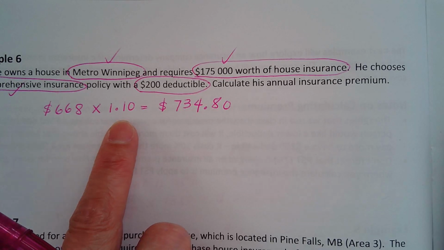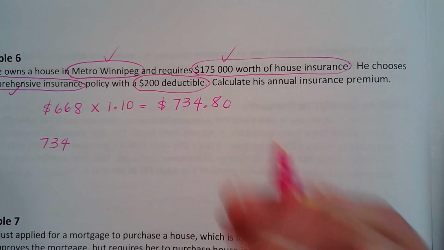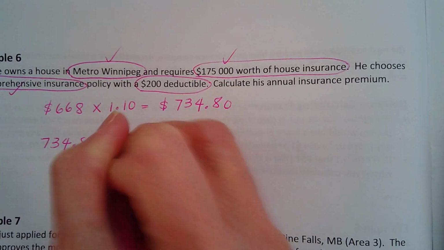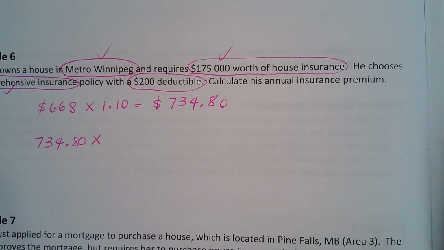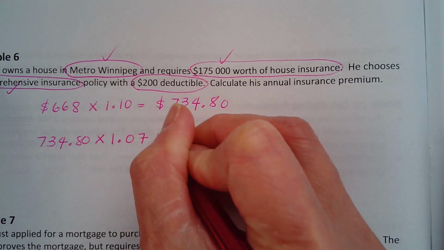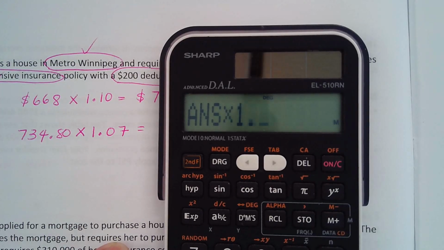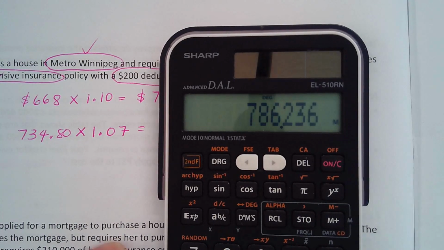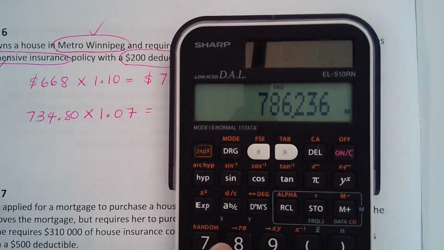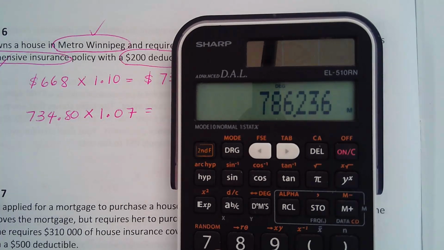The next thing that we gotta do is to put 7% tax. So this amount, 734.80 times, and how do we calculate the 7% tax? Times 1.07. Let's do that one. Times 1.07. This is what I got. Verify my answer. Did you get 786.236?